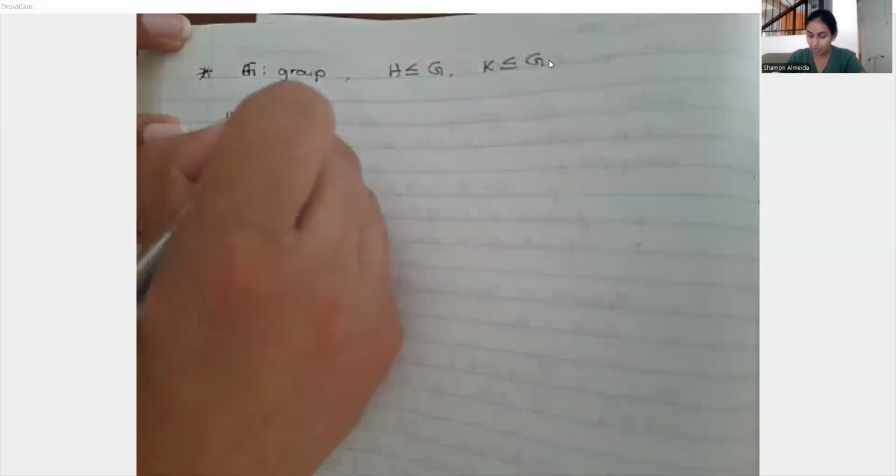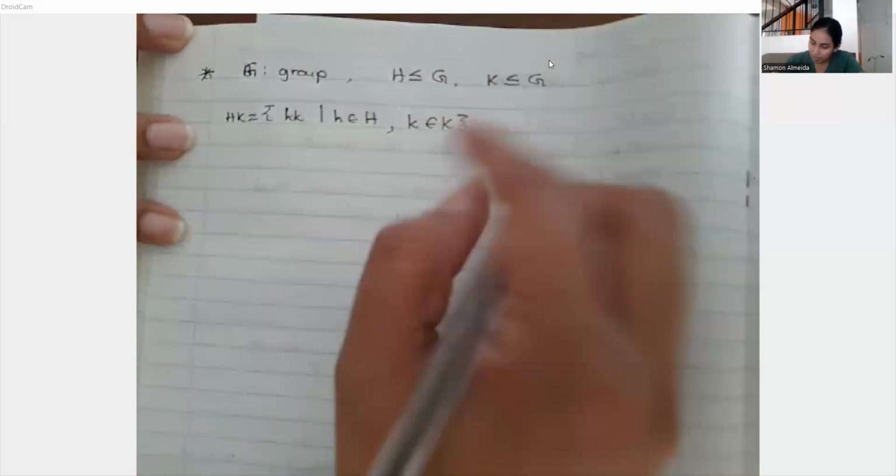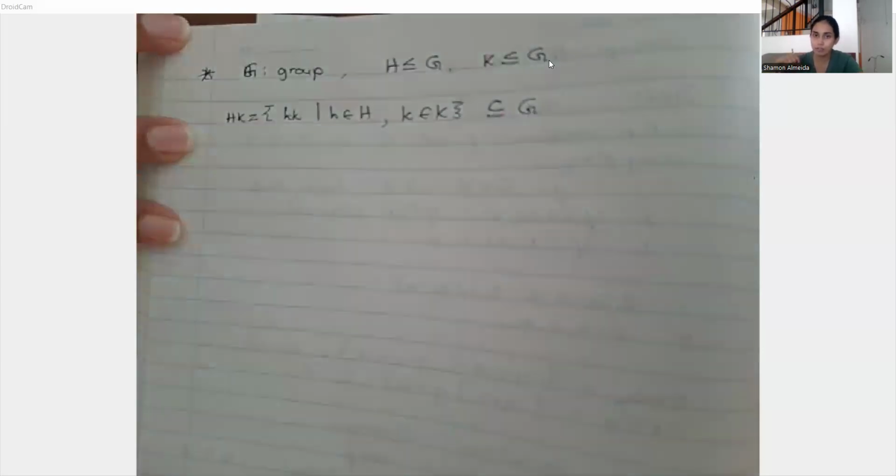And we define this set HK to contain elements h times k. Once again, when I say times, what I mean is the binary operation, right? Where h comes from this subgroup, k comes from this subgroup. And observe that this is a subset of G, but not necessarily a subgroup of G.